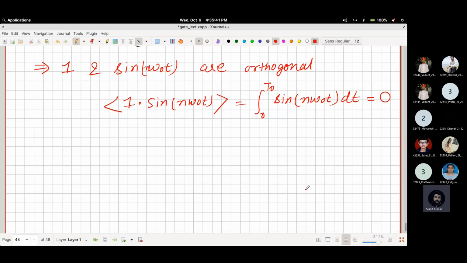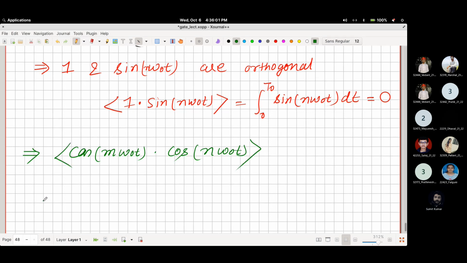Now let's come to the good part here. Let me say that if we have cos m omega naught t, and I have another signal which is cos, but some other integer, let's say n, omega naught t. Are they orthogonal or not? Will they be orthogonal or not between time 0 to t naught?